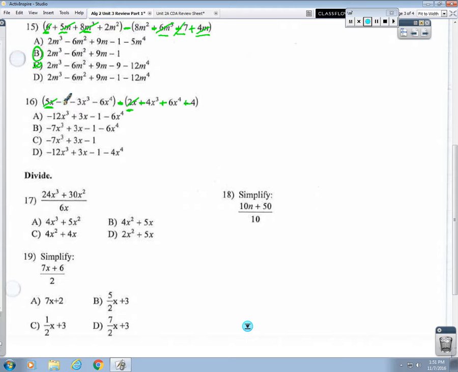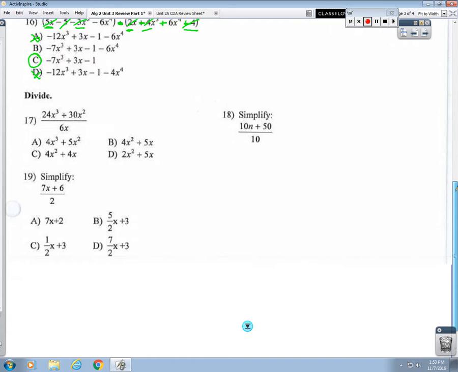Negative 5 will combine with the positive 4. What's negative 5 plus 4? Negative 1. But look, all 4 choices have a negative 1, so that doesn't help us. Negative 3x cubed will combine with negative 4x cubed, which would be negative 7x cubed. So that brings us down to just B or C. And then negative 6x to the 4th and positive 6x to the 4th cancel each other out, which leaves C.